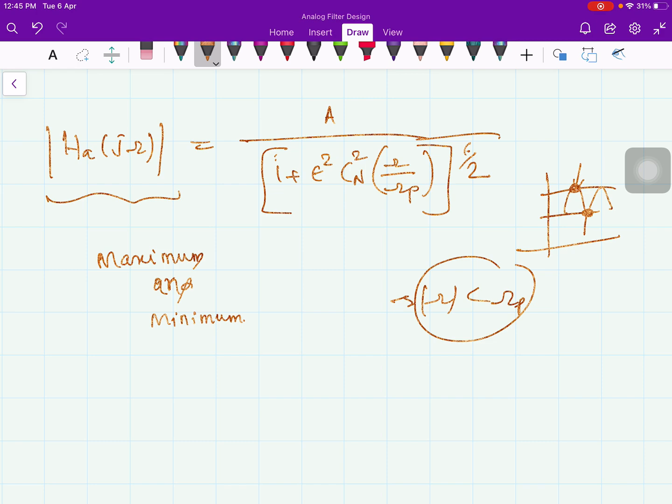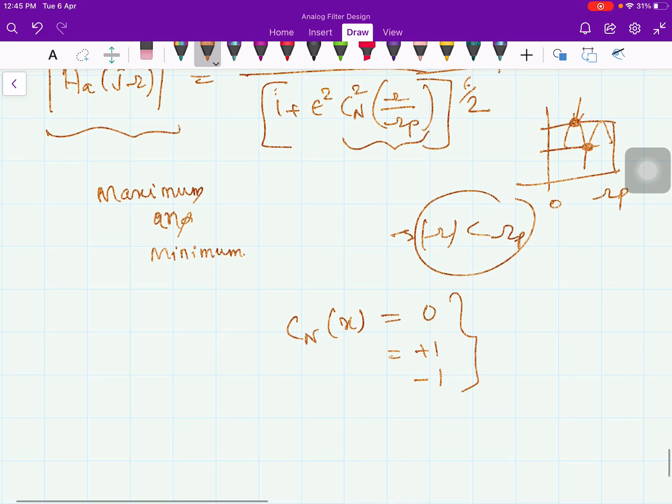So in the pass band, the range is 0 to omega p. The Cn of x is oscillatory. Now the question is, what is the maximum value of Cn squared of omega by omega p, and what is the minimum value of Cn squared of x? As I said, this Cn of x will be either 0 or plus 1 or minus 1.